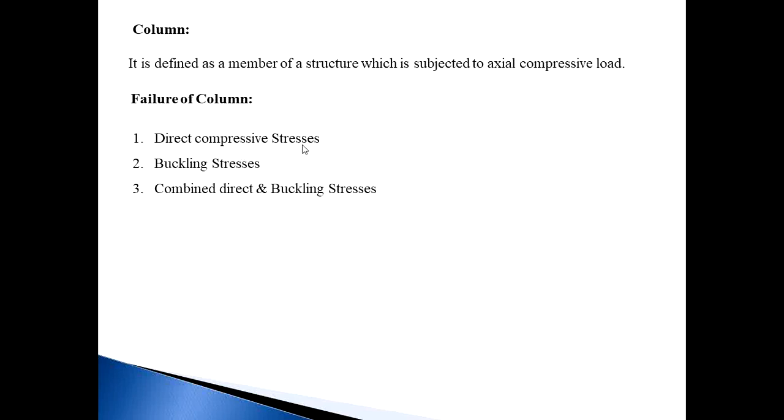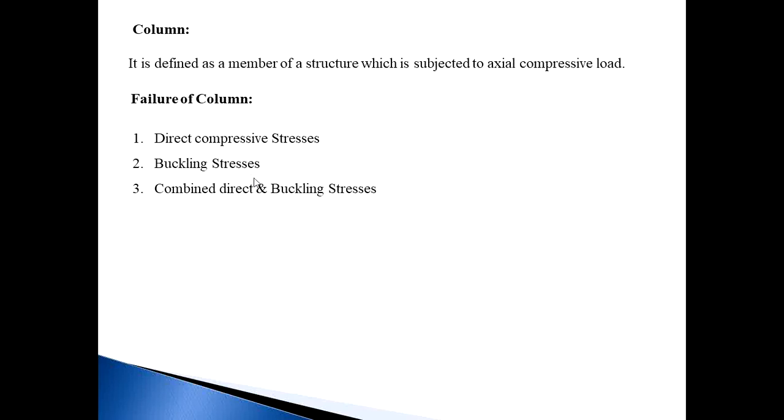Direct compressive stress means when you consider a short column, where the lateral dimension of the section is small compared to length, that column is called a short column. Its failure pattern is crushing. When you apply load on the column, the failure pattern is crushing, and that is called direct compressive.